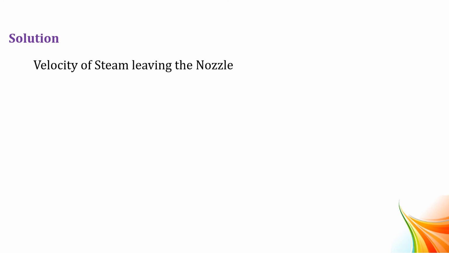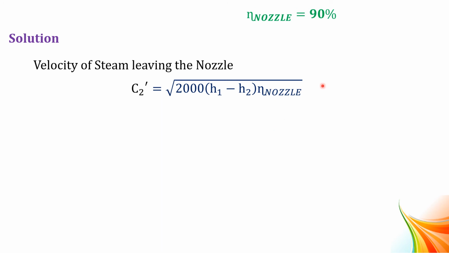Solution. Velocity of steam leaving the nozzle, C2 dash equal to square root of 2000 into H1 minus H2 into eta nozzle. Eta nozzle is given in the problem, which is 90%, and the values of H1 and H2 obtained from the steam table are also substituted in the equation for C2 dash.